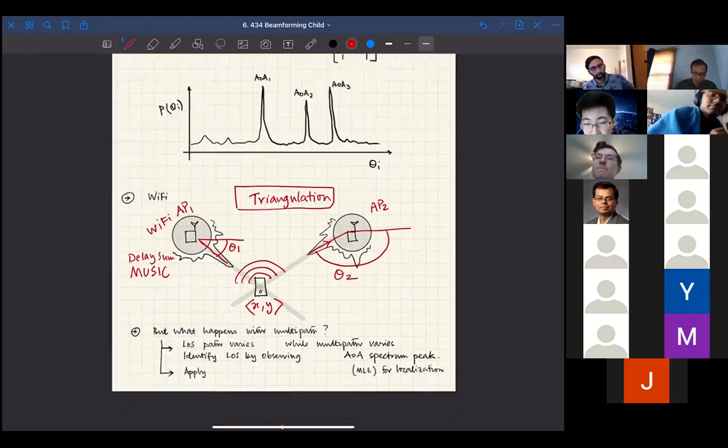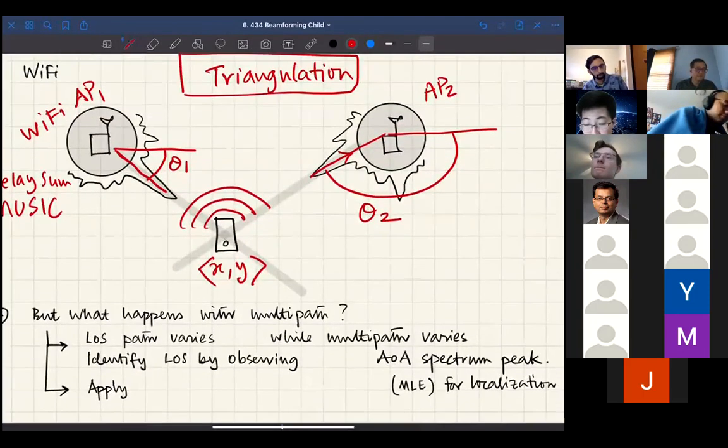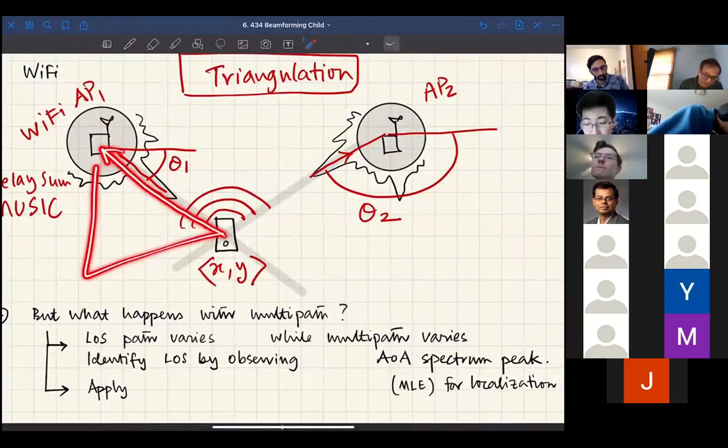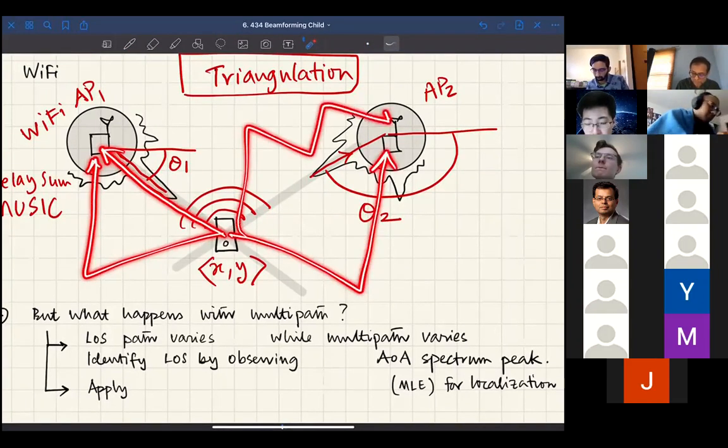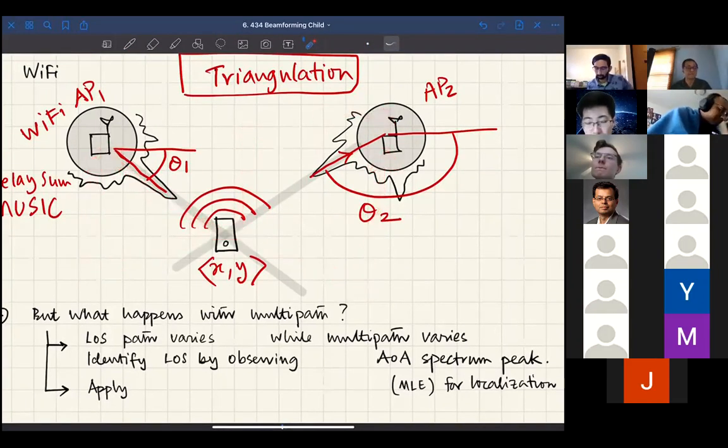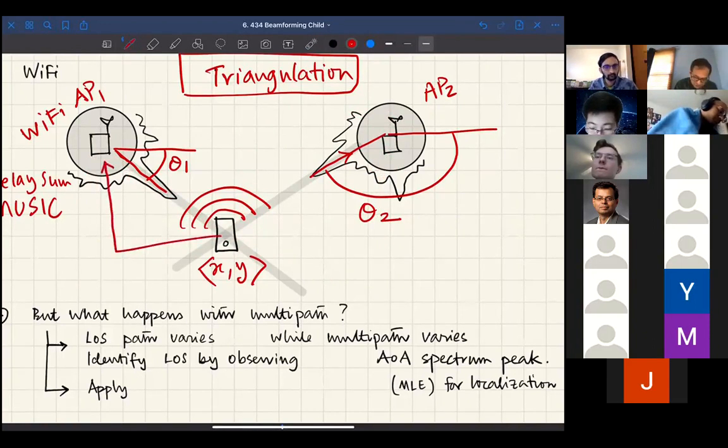Okay. What happens with multipath? Right? Of course, this signal is not going to go directly. There's going to be reflections that will also go. So what happens then? The LOS, the line of sight path, varies. Okay, let me ask this question. This signal is going to come in through here because there's a reflector here.